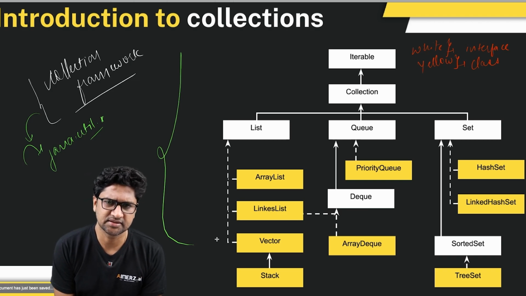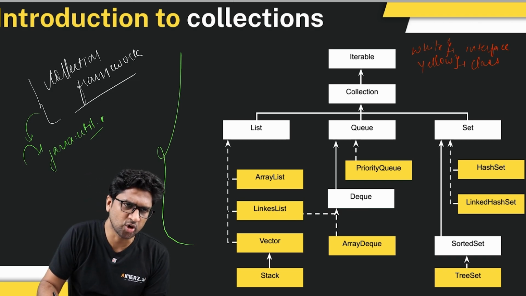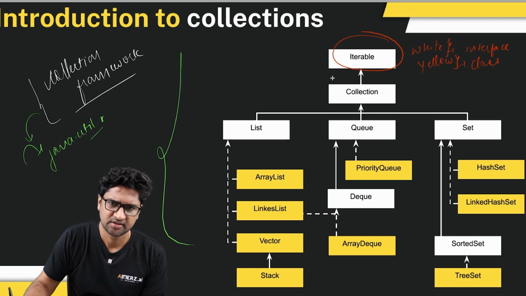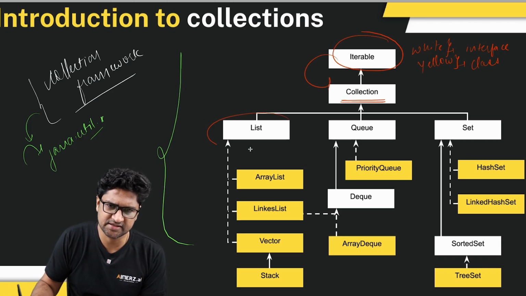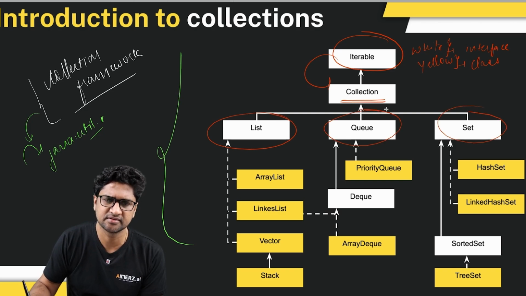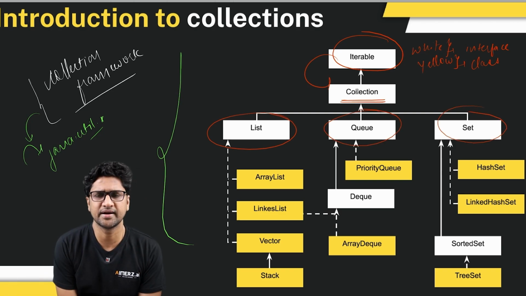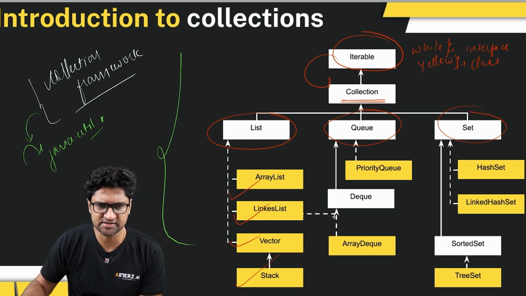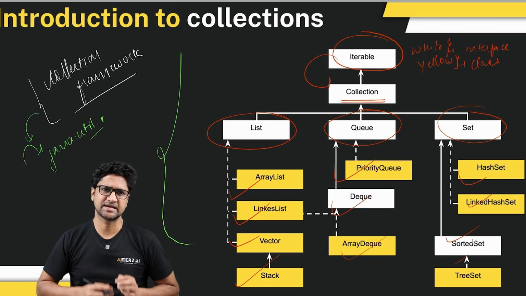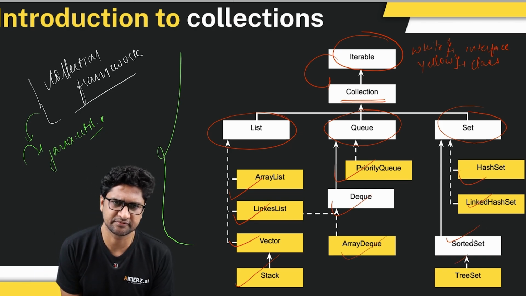What that means is, at the top I have something called Iterable. Then I have the Collection interface. Then List, Queue, and Set further implement these interfaces. So these are the interfaces, and these are the concrete implementations of these interfaces. We're going to talk about some of these in detail in this video.